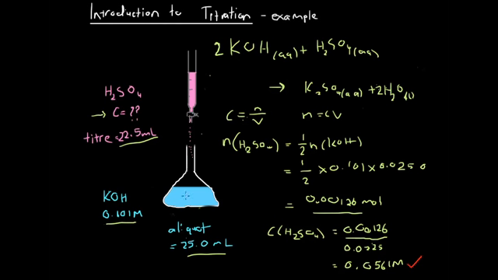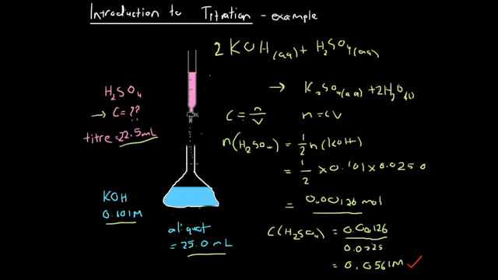From that, first using these two pieces of information, we figured out the mole of potassium hydroxide in here. We've used stoichiometry in this equation to then work out the mole of sulfuric acid that's been reacted with the potassium hydroxide, or the mole of sulfuric acid that was in the titer.